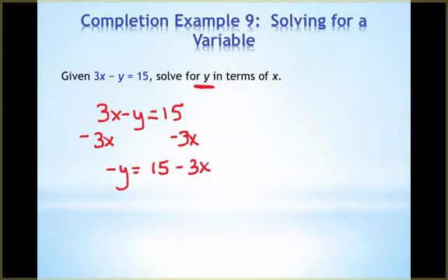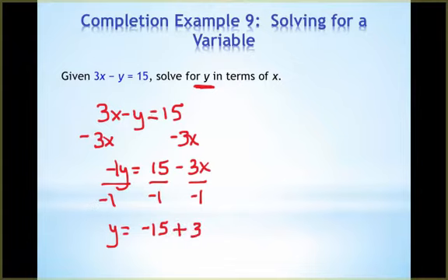But negative y is the same thing as negative 1y. So we'll divide everything by negative 1. And y would be negative 15, since 15 divided by negative 1 is negative 15. Then negative 3 divided by negative 1 is positive 3x. So there would be my answer.